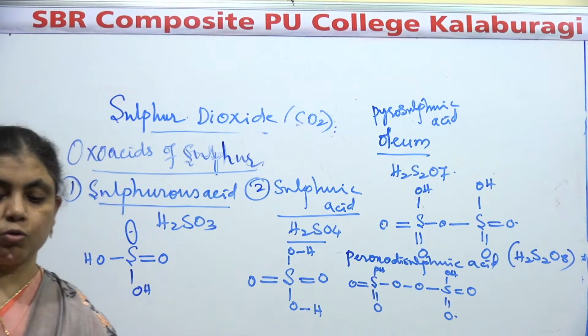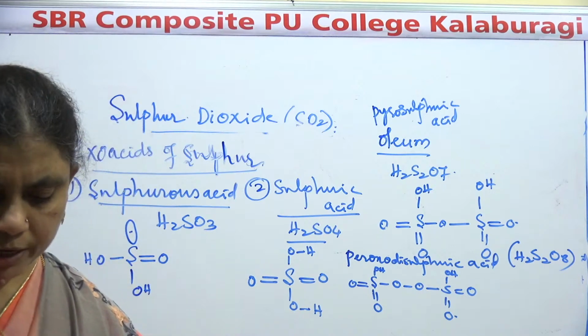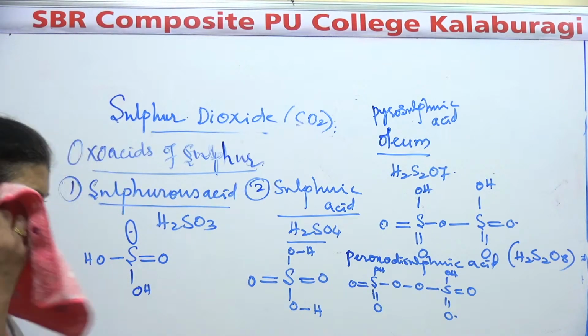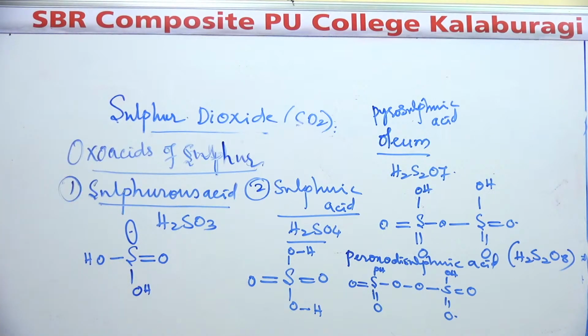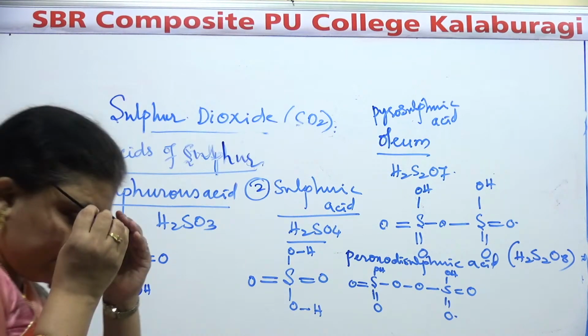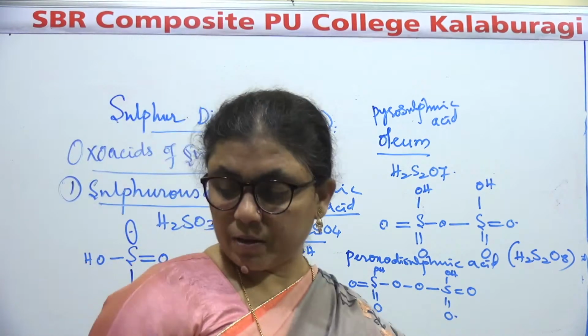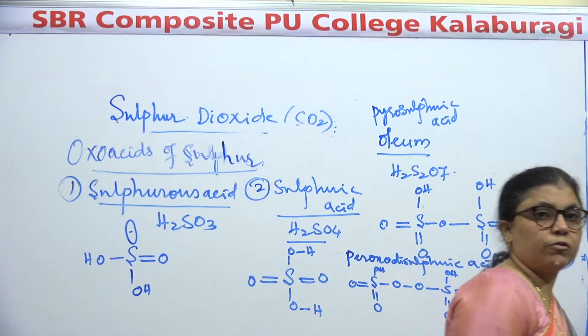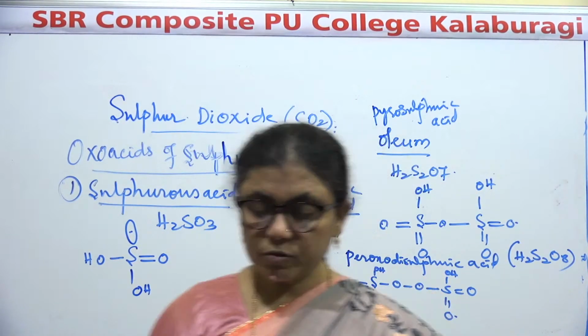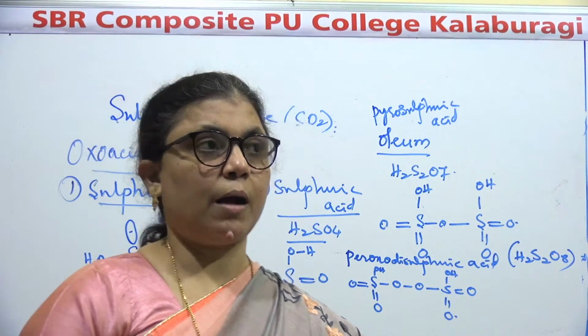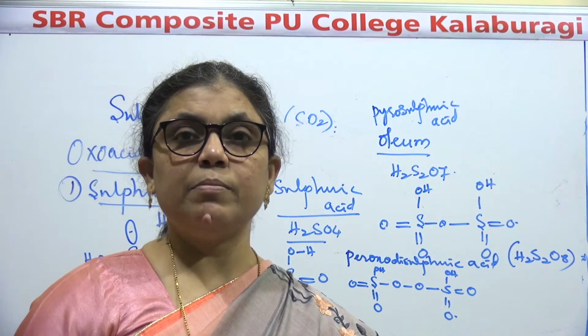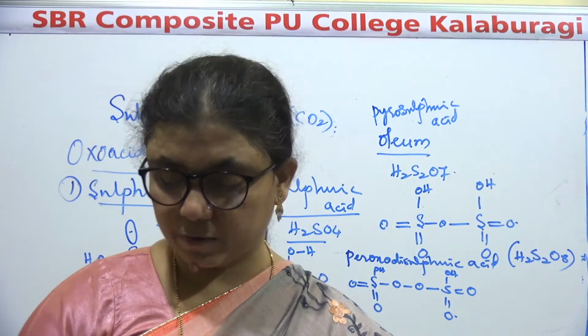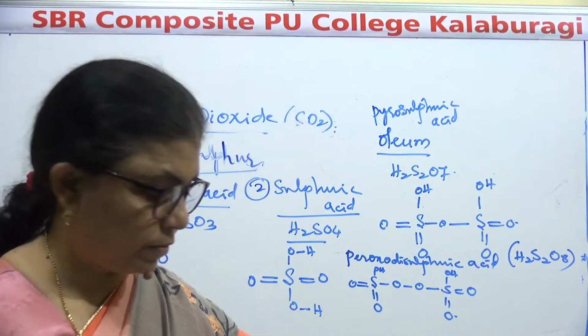There we calculated the oxidation state of sulfur. Let us move to sulfuric acid. As I said already, as per the syllabus we need to discuss only the properties and uses of sulfuric acid, because in the updated syllabus they have eliminated the manufacture of sulfuric acid by the contact process.